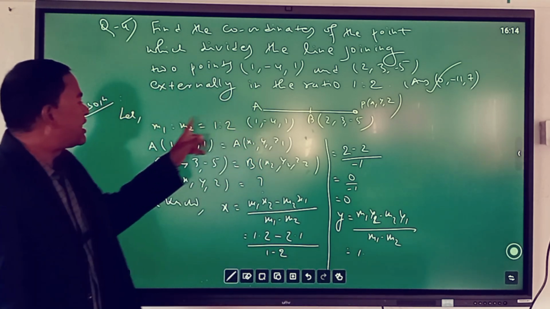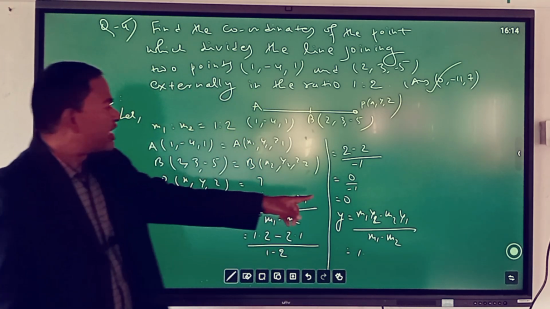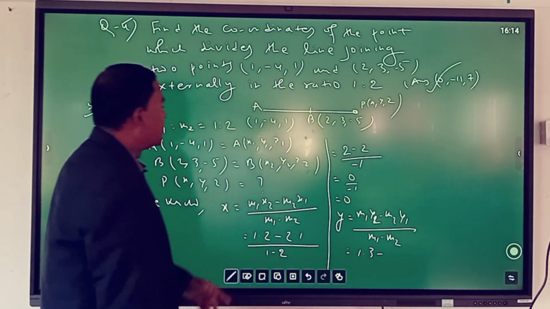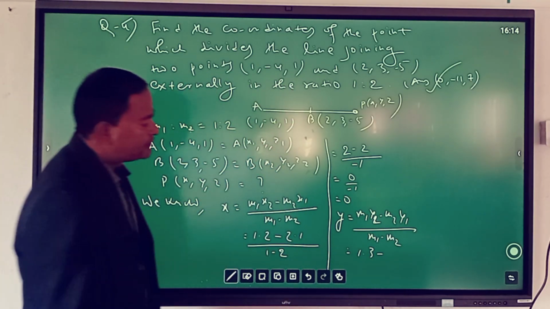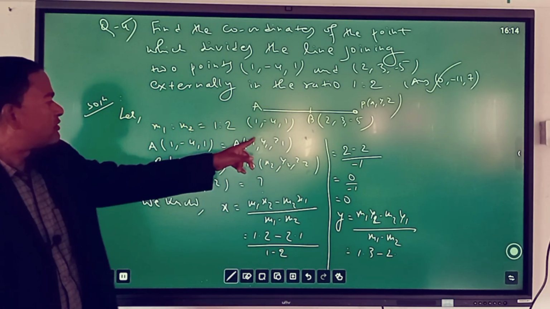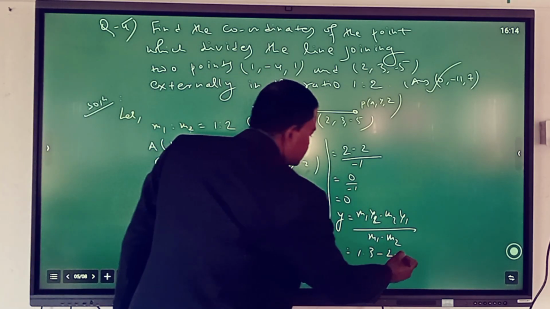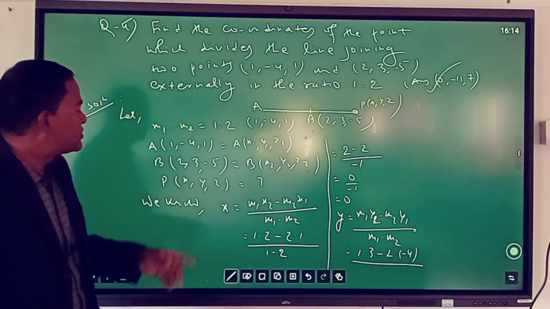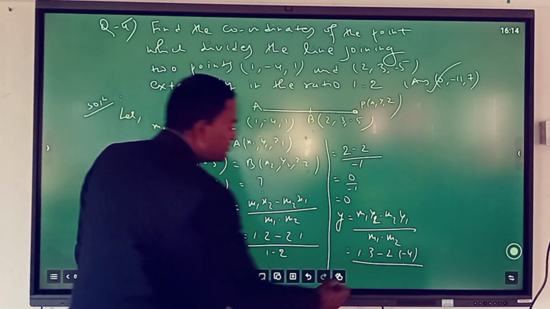The value of m1 is 1, y2 means 3, m2 means 2 times y1. The value of y1 is minus 4, divided by m1 minus m2, that means 1 minus 2.